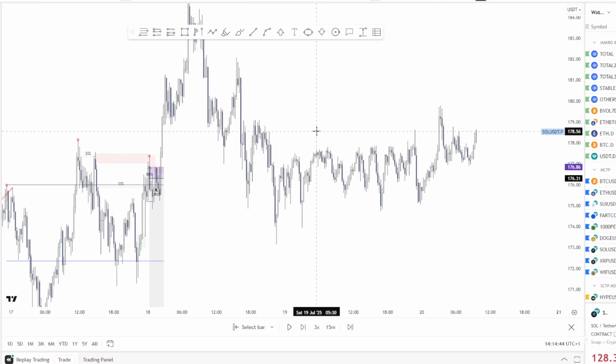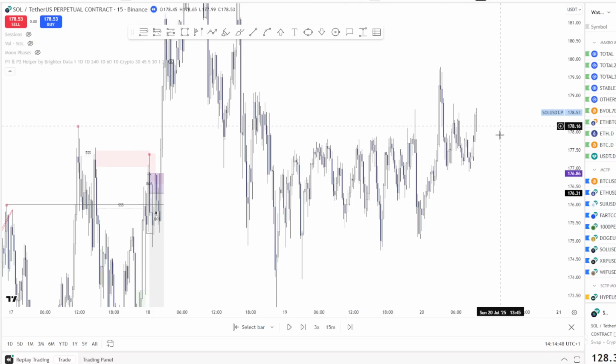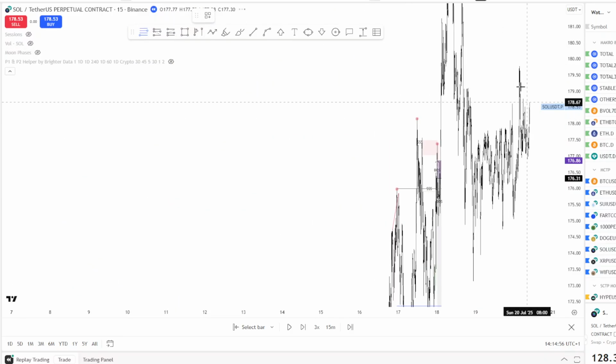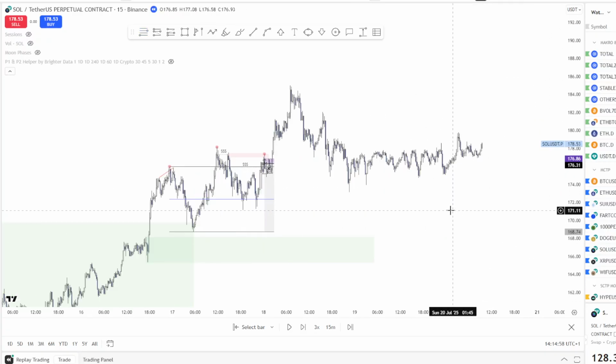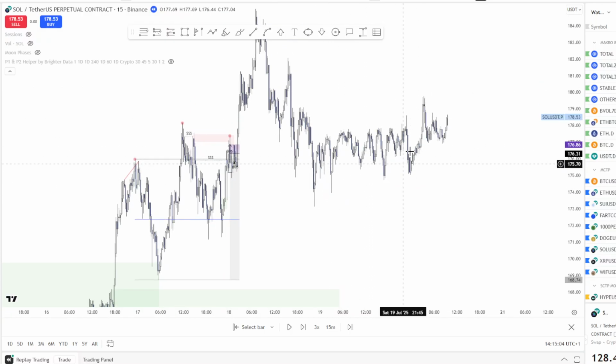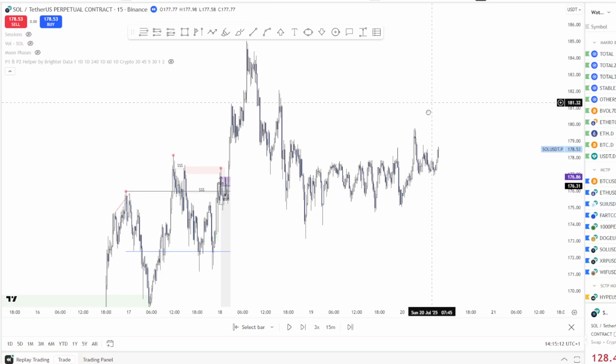For how long is this going already? 1 day. So maybe we can look at something, but yeah, this is so tight. Look at the difference. Here we got some space, nice moves, and here this is just choppy price action the whole day. New York open. No, this is Asia open. Okay.